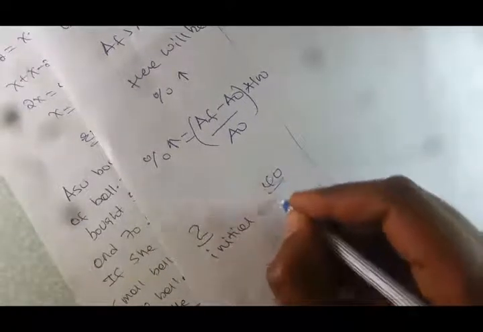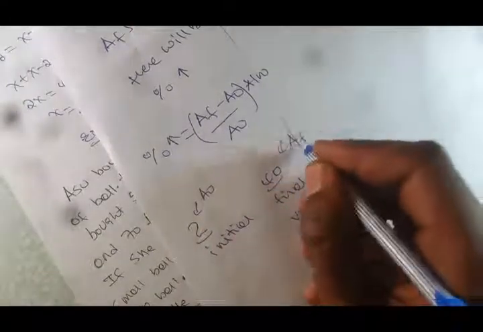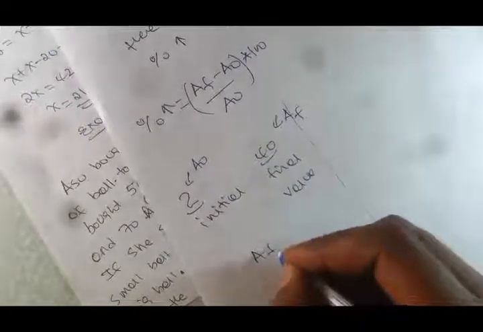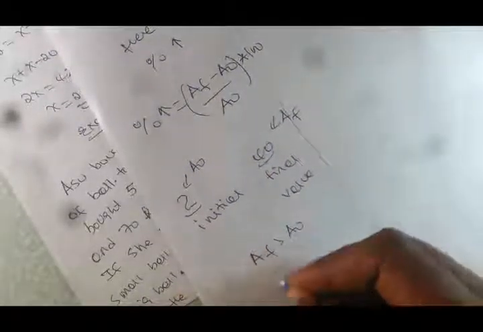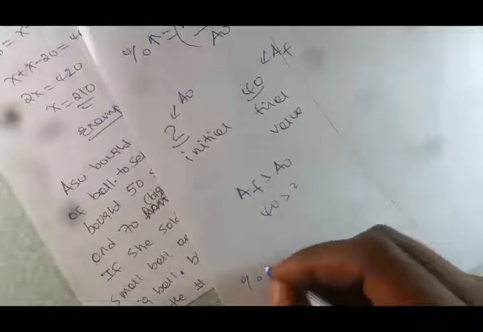For example, if 2 is our initial value and 14 is our final value, this is our AO, this is our AF, and we know that AF is greater than AO because 14 is greater than 2. There will be what? Percent increase. This percent increase has a formula of AF minus AO divided by AO times 100%.